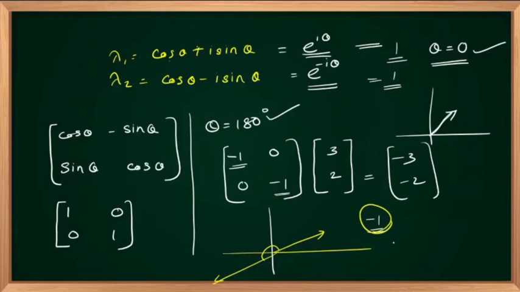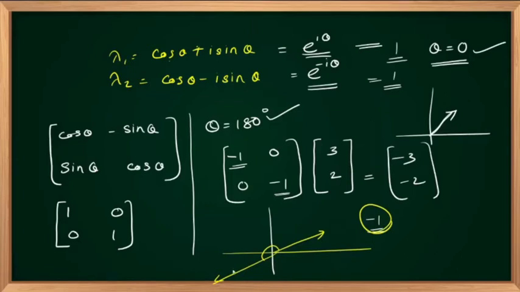Now, can you think of any other value for theta where there is a real eigenvalue? No, because for any other theta, this matrix will rotate the vector by an angle other than 0 or 180 degrees. If it is rotating a vector by such an angle, it is losing its direction.